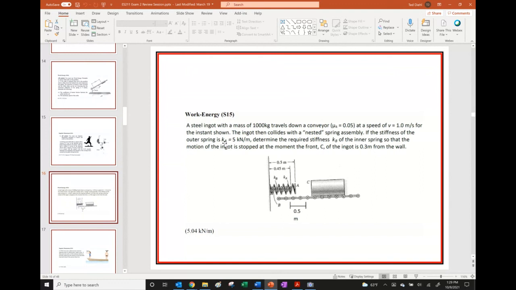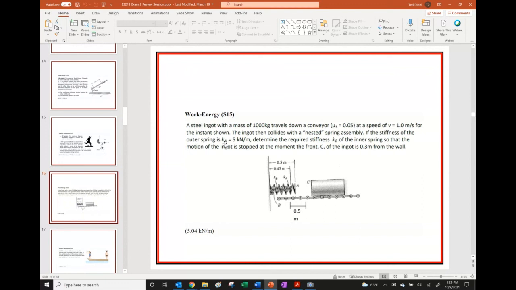All right, so there are two springs. One of them is longer than the other, and they have different spring constants. And we want to determine the spring constant in the second spring, which I believe is the inner one. Yes, the inner one is the smaller of the two.